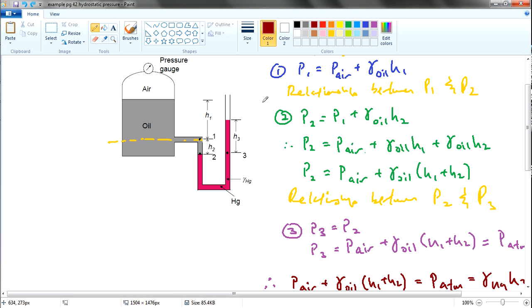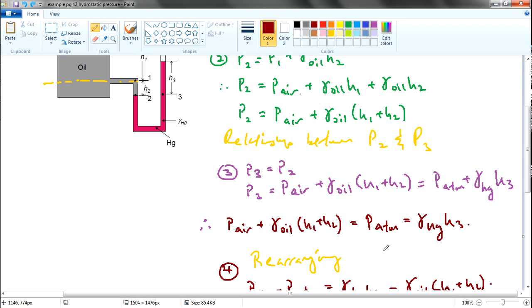by P atmospheric. So this is open to air. When it's open to air, you must make sure that you know that this is P atm, plus the amount of rho g h in this section. So you get the pressure at point 3, and therefore we have two equations.